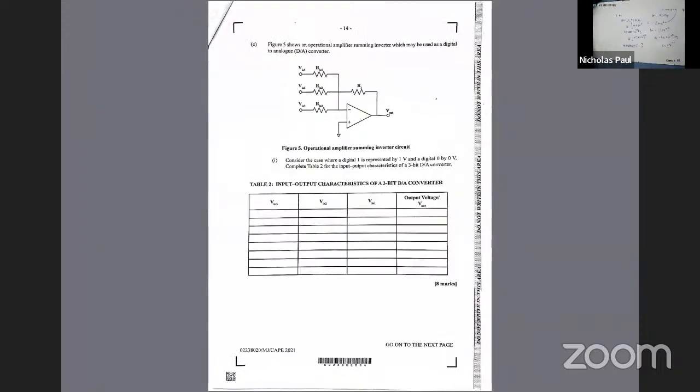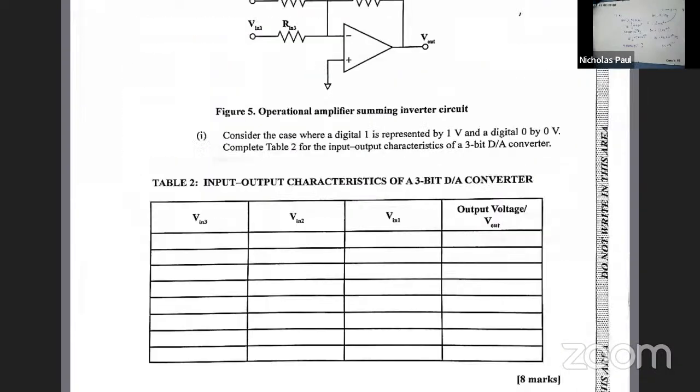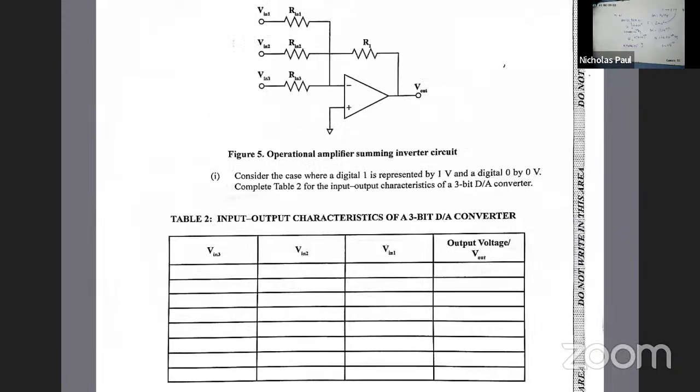I want to go so big because they're going to ask you what resistors will give you that, what values. Right, so we said 0 0 0 will give you 0. 0 0 1 will give you 1. Then you have to get 2, 3, 4, 5, 6, 7.